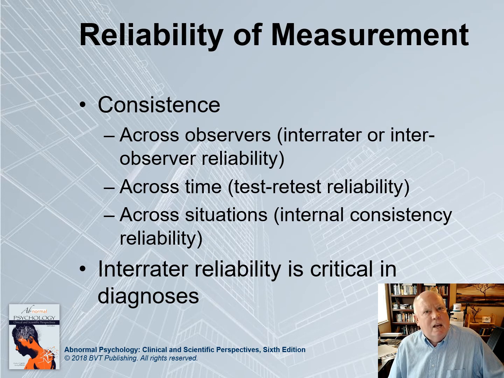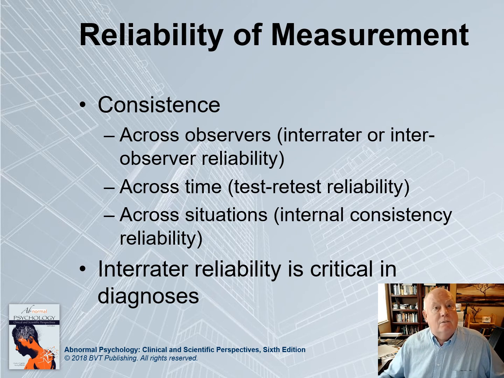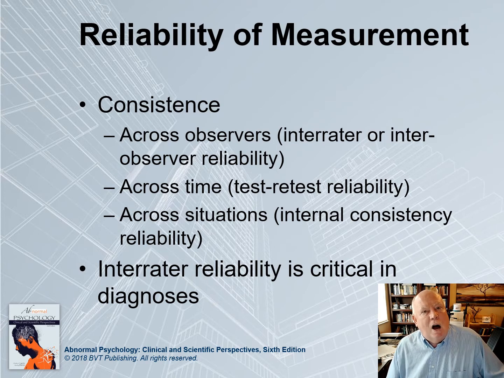If we can't agree on what a person has, we can't study that diagnosis, because we can't find a group where everyone says, yes, they all have that diagnosis. Remember, that is why DSM-1 and DSM-2 were, for all practical purposes, useless, because we couldn't get inter-rater reliability.